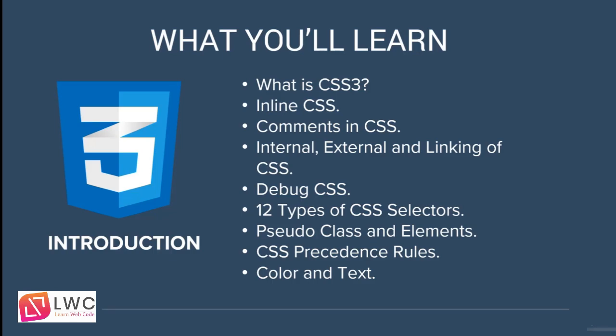All you only need to know is what the properties are and how to apply them, right? And you'll also understand how the CSS precedence works, like which rule is applied first and which rule wins over the other. Then we'll look at how to do some coloring on your web pages and add some text formatting as well. So CSS introduction will really help you start understanding what is CSS and how to apply it with HTML.